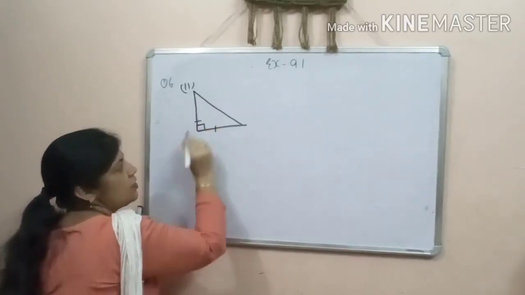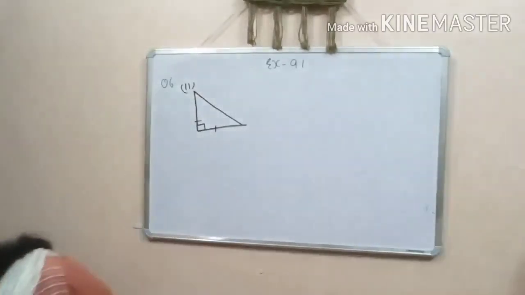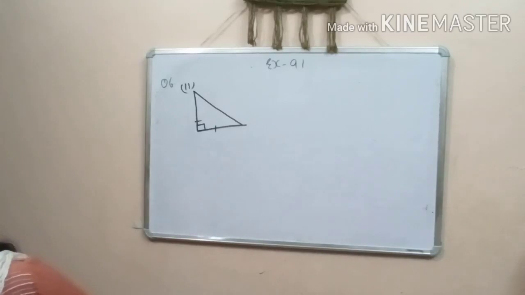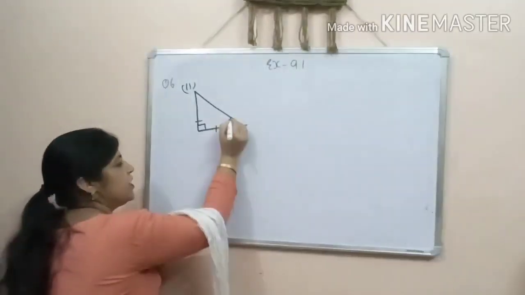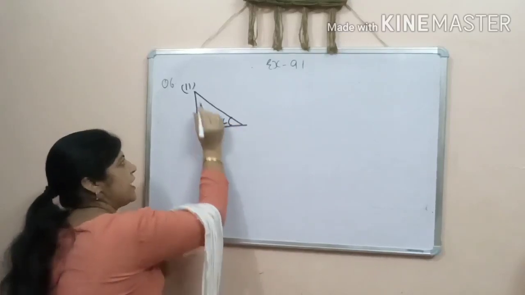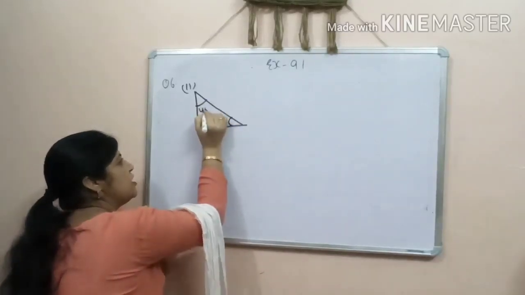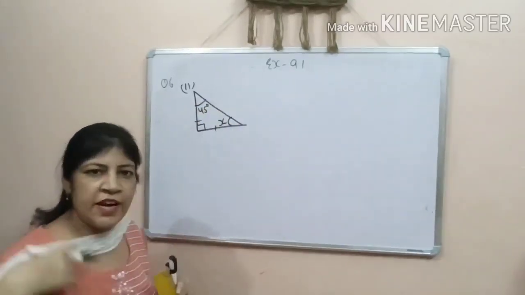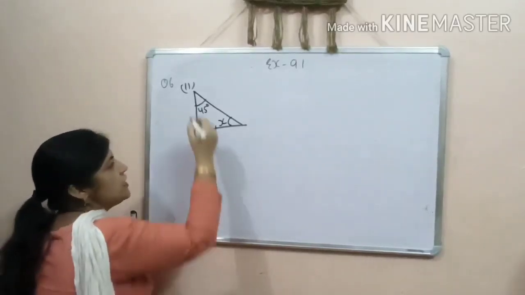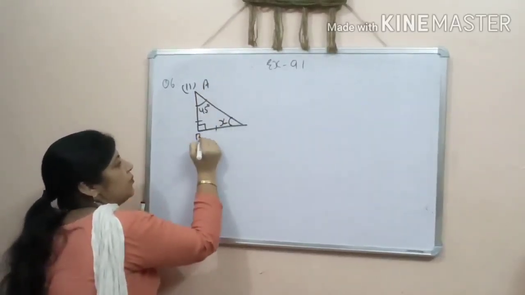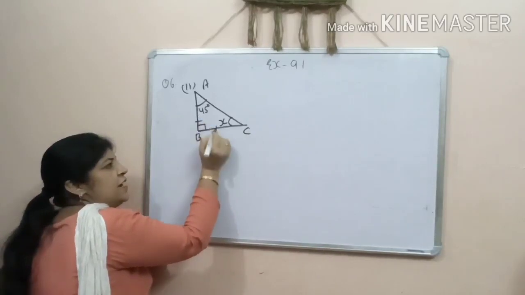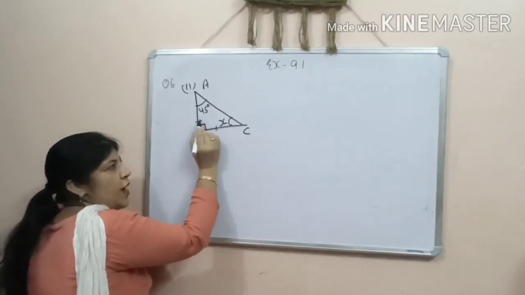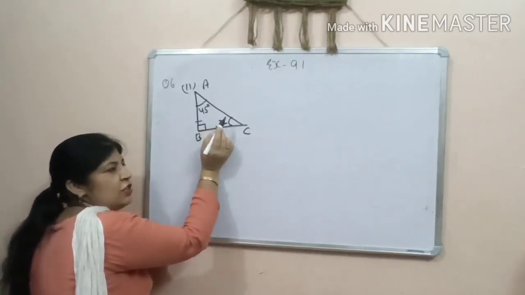This angle is 45 degree and this is X. This is 90 degree and this is 45 degree. Now you can see this side is equal to this side. So angles opposite to these sides are also equal.